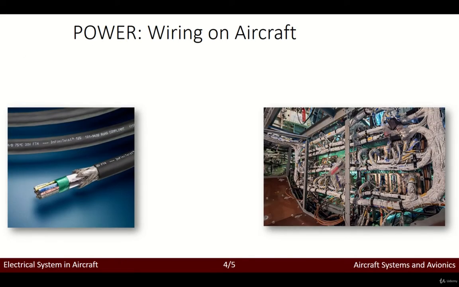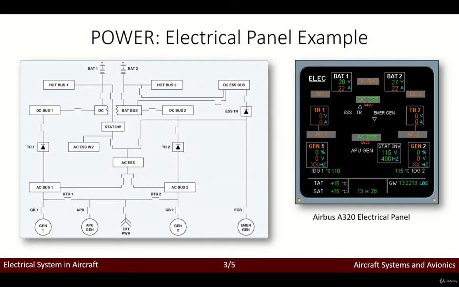I wanted to mention a few more things here, a bit of the strategy in terms of the alternating current, the DC current and also the emergency current, and what the main difference is. The AC and DC ESS buses provide power to critical instruments, communication and also navigation equipment.